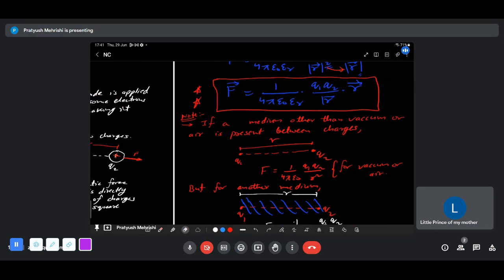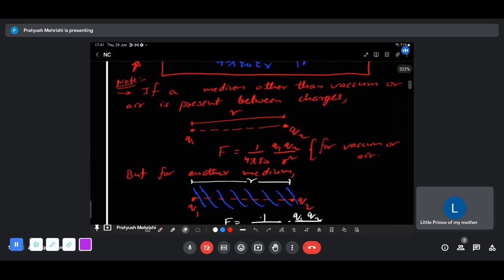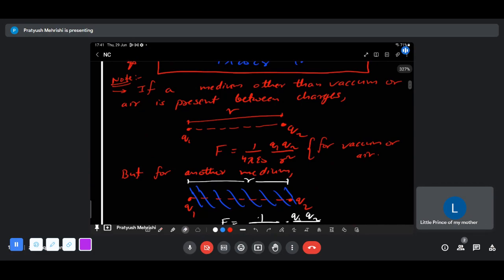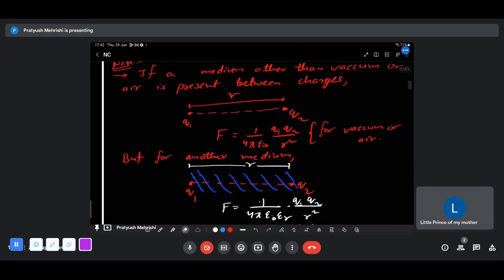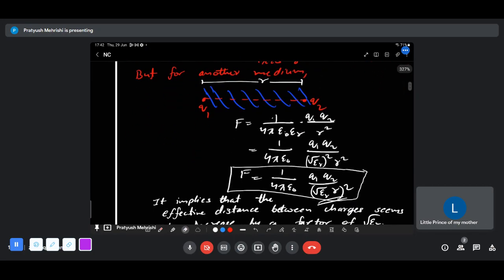Now, the next important point is, whenever a medium other than vacuum or air is present between the two charges, then we will use epsilon r into epsilon naught, same as we saw earlier.